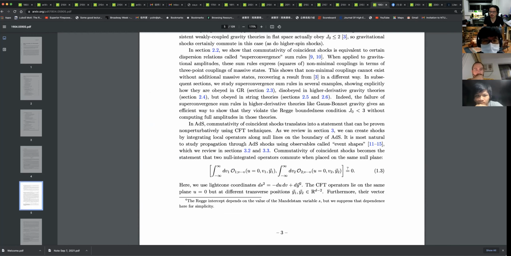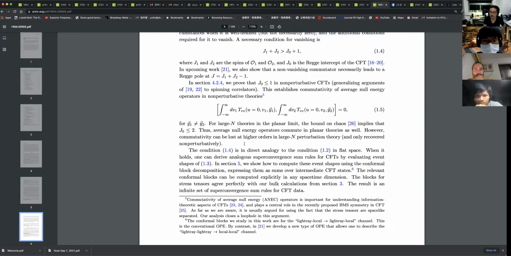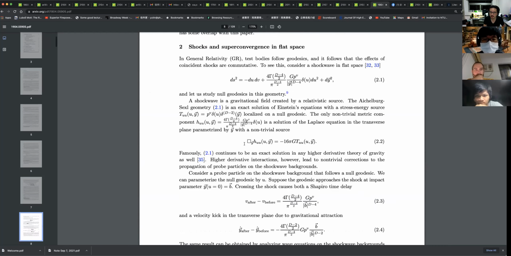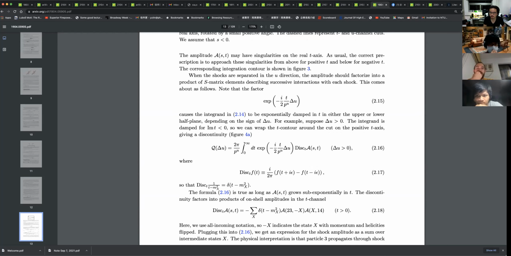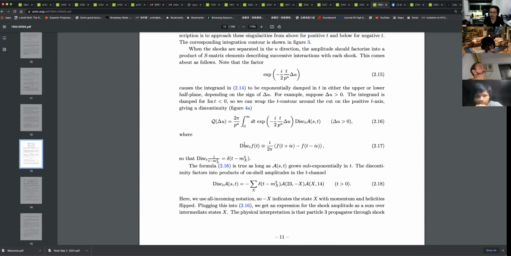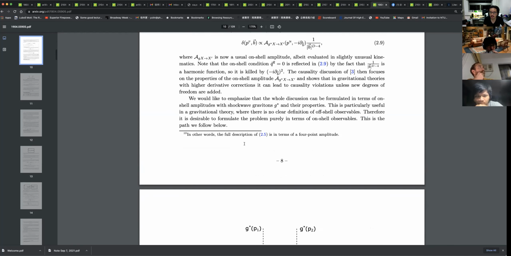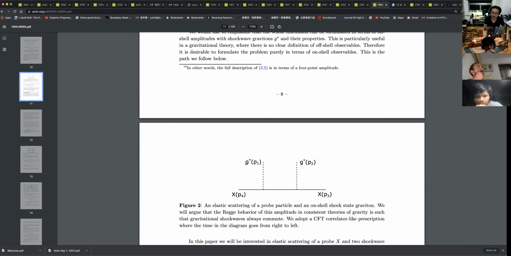shock by, instead of having this thing coming in as an off-shell thing, instead of having, sorry, where's the picture? So of course, you might say the problem is that this is not an amplitude. This is a shockwave configuration where you Fourier transformed it.